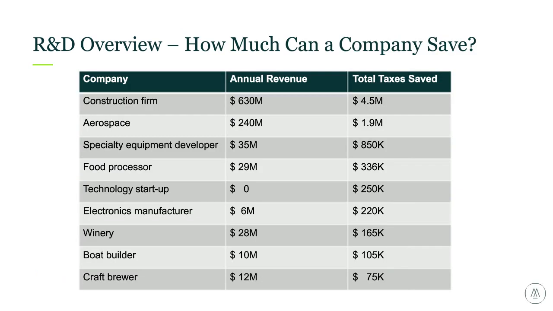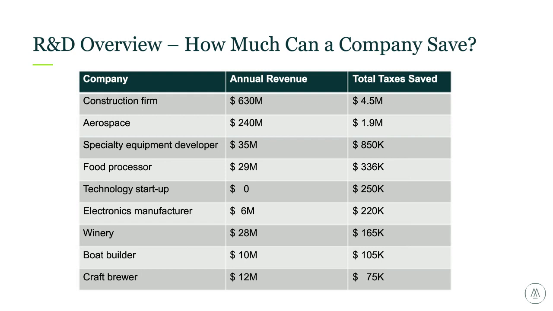This is just an example of some of the studies we've conducted at Moss Adams and the results. And you will see that firms with larger annual revenue, meaning they probably had larger qualified R&D activities and costs, have higher tax savings, R&D credits.